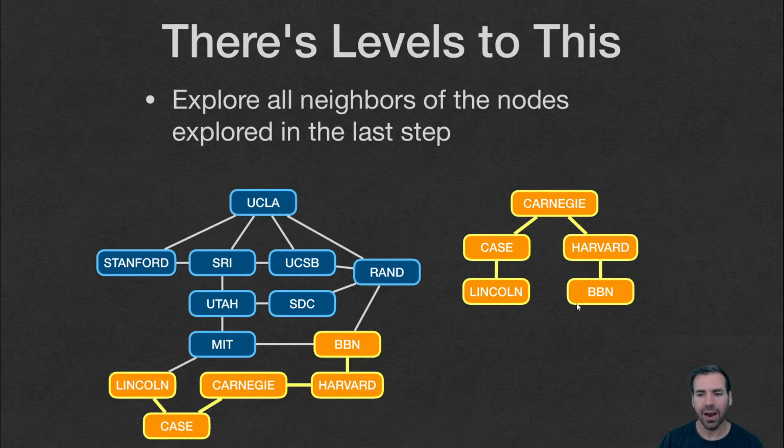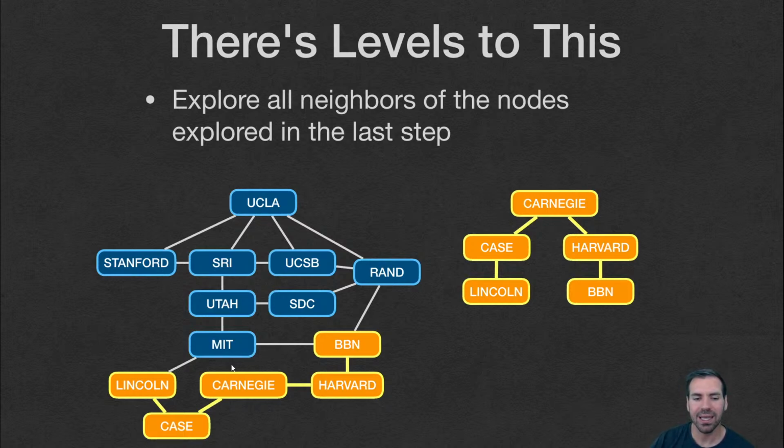And now I have a situation here where Lincoln can find MIT, BBN can find MIT. Only one of these nodes is going to explore MIT. Either Lincoln is going to find it, and then BBN's not going to go there because we never explore a node twice.